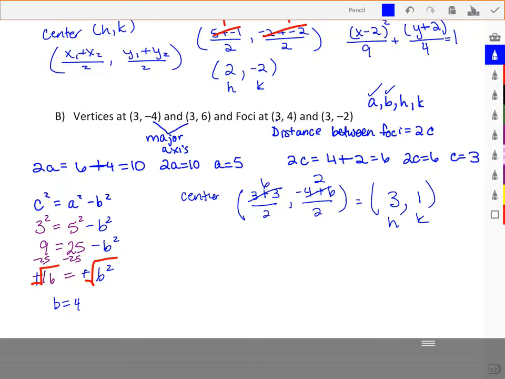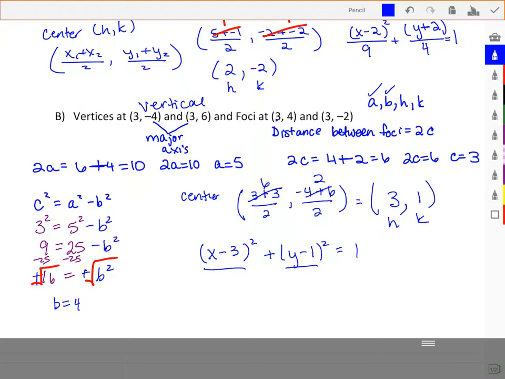So the equation for this one would be x minus h, so x minus 3 squared, plus y minus 1 squared equals 1. And we need to figure out our a and our b, which one's going to go where. Looking at my vertices, I see that they have the same x values, which means this is vertical.